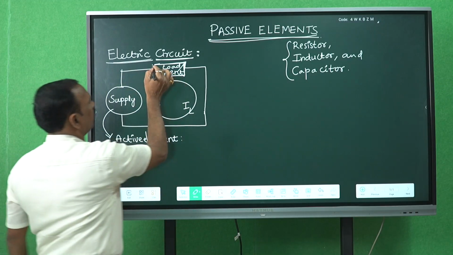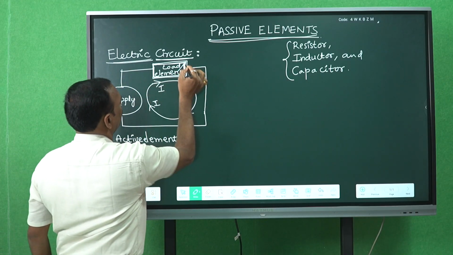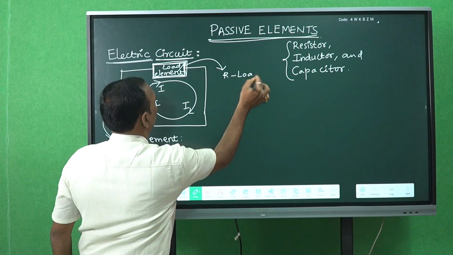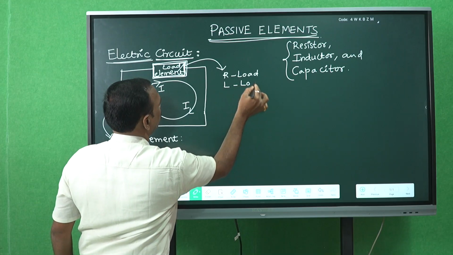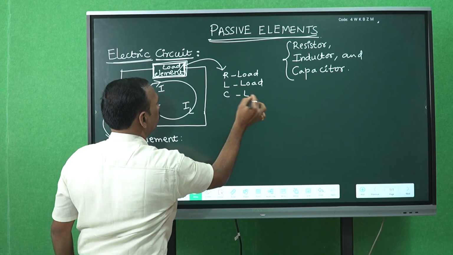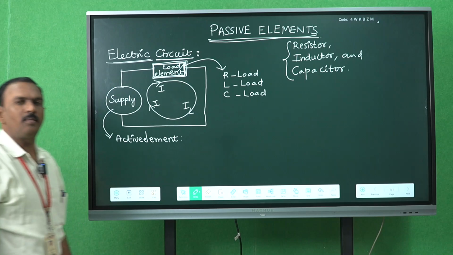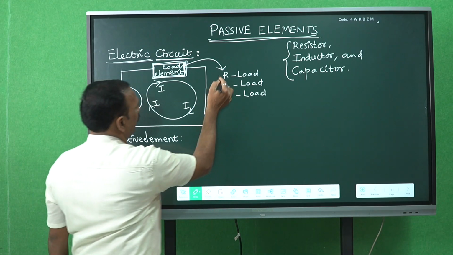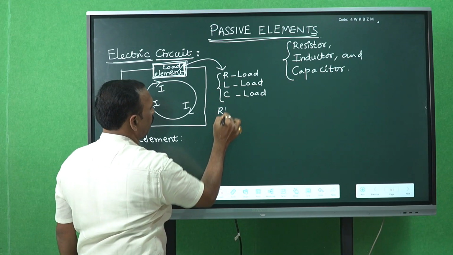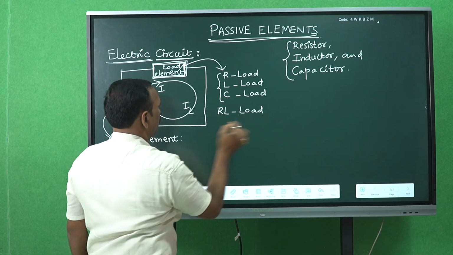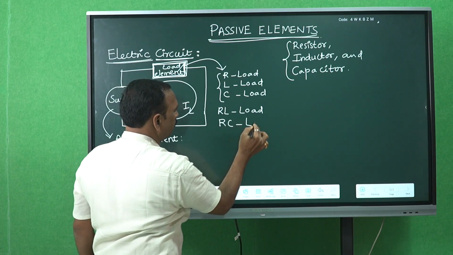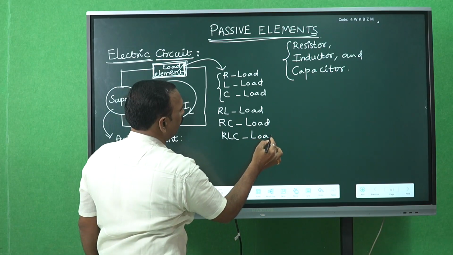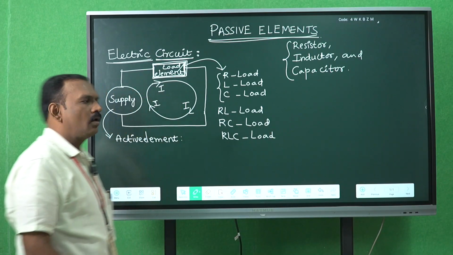At the load or elements, the load may be a resistive load, or inductive load, or capacitive load, or a combination of these three, that is, RL load, RC load or RLC load.